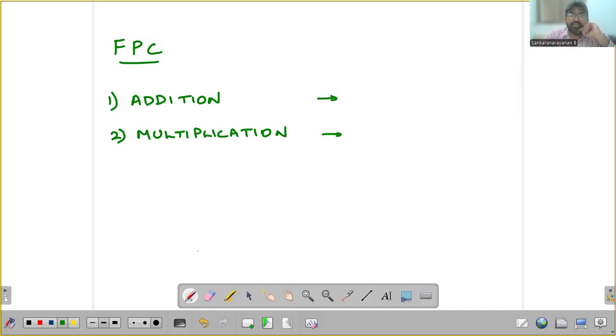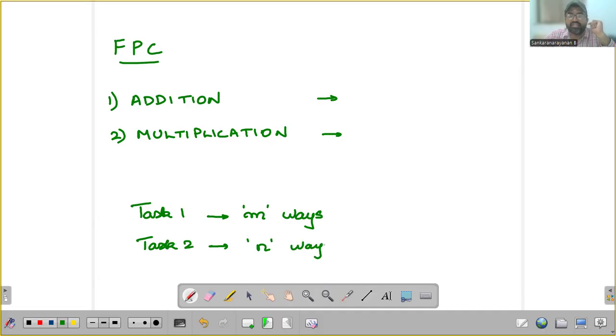Consider that there is a task 1. Let me say you can finish doing task 1 in m ways. There is another task, task number 2. Let me say you can complete task number 2 in n number of ways.